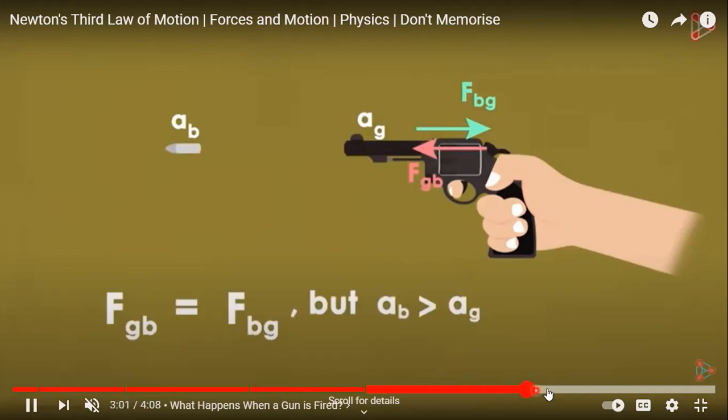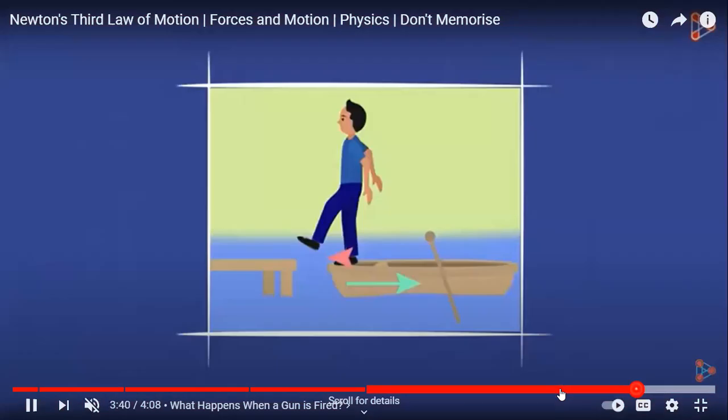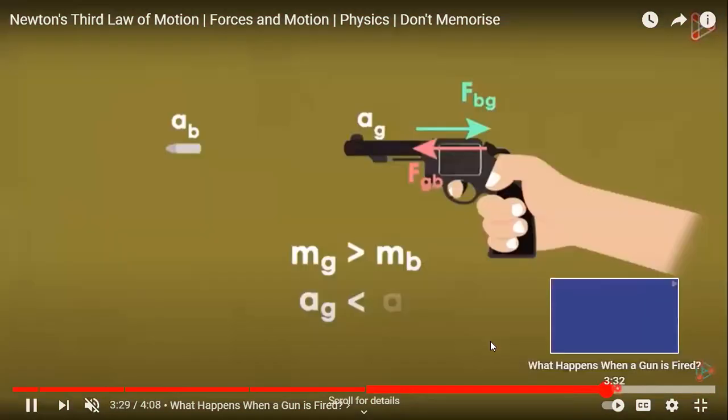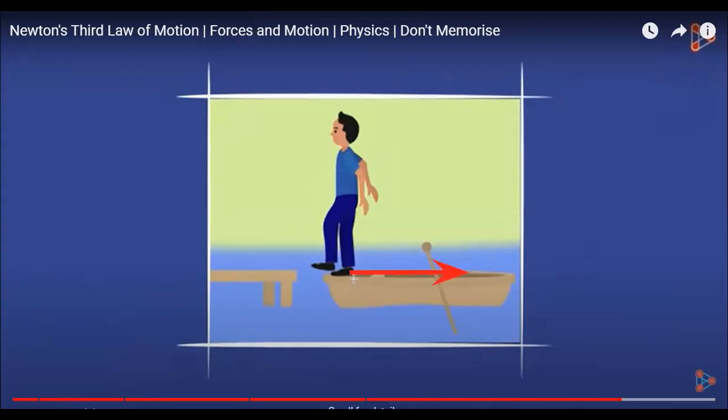Coming further, this example is also very important, children. When you step outside a boat, you want to come outside the boat, you know what you do? You push the boat backward. That is your action. So action is pushing the boat in a backward direction. And reaction is the boat pushes you in a forward direction.